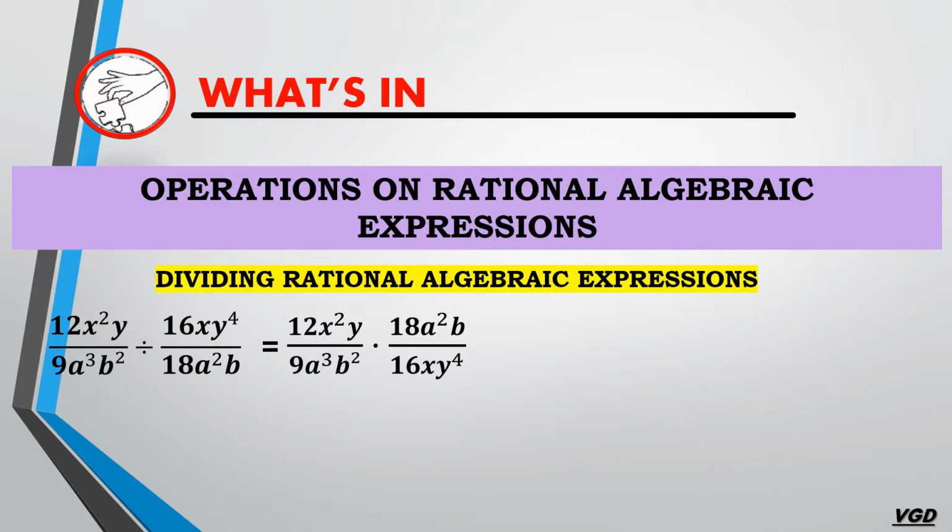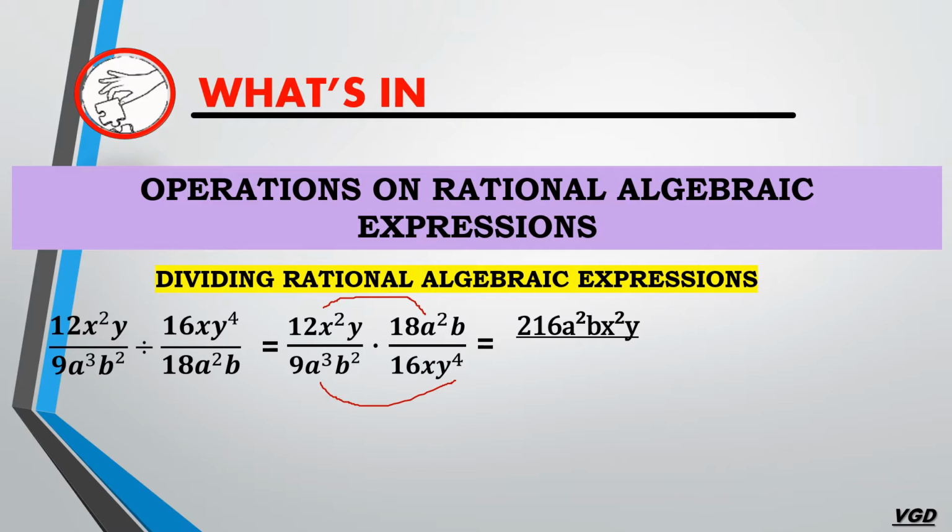Now we multiply following the rule in multiplying rational algebraic expressions, numerator to numerator, denominator to denominator. We get 12x squared y times 18a squared b, which is 216a squared b x squared y.